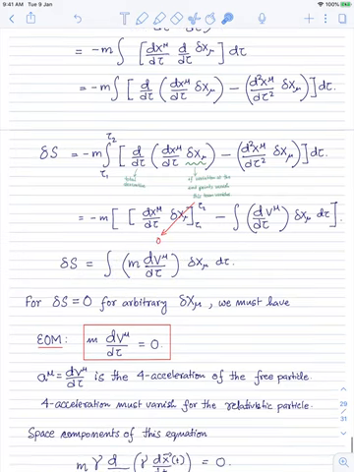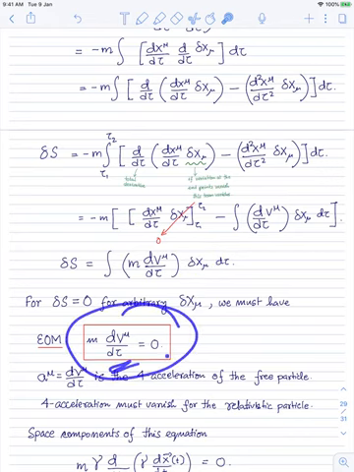Now again, setting the variation of the action to zero for extremization, if the variation is arbitrary, then we must have mass times the 4-acceleration equal to 0. So if you like, this is the generalization of Newtonian dynamics for the relativistic particle. The relativistic particle should have a 4-acceleration that vanishes, and this has 4 components, mind you.